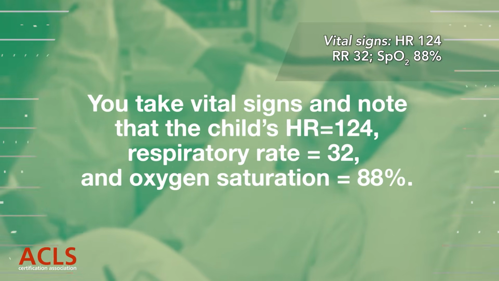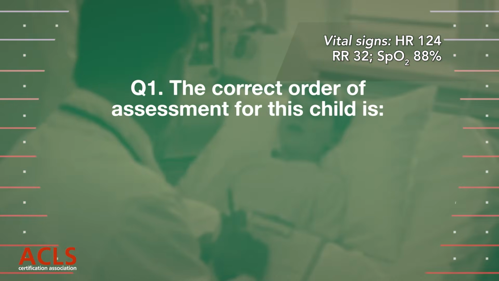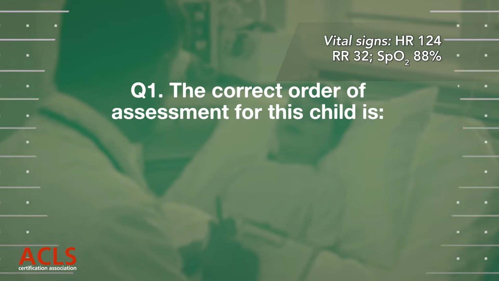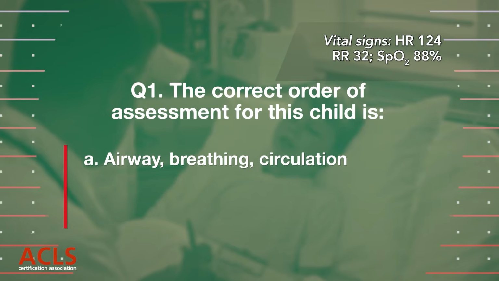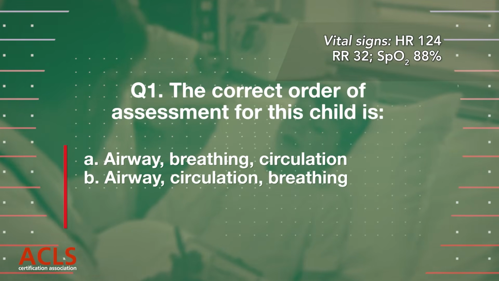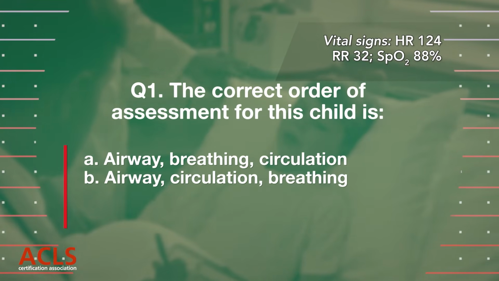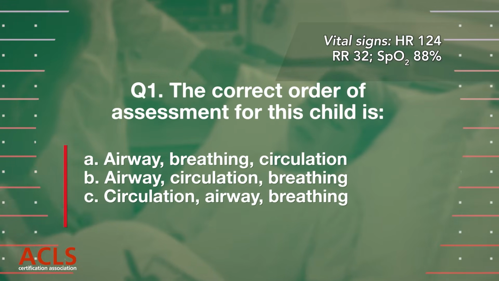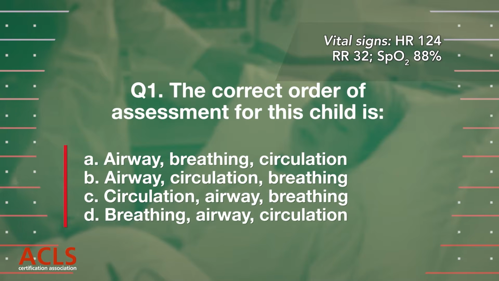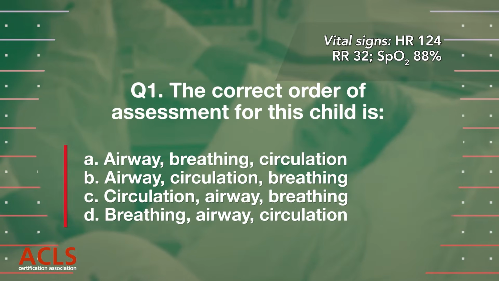equals 88%. 1. The correct order of assessment for this child is A. Airway, breathing, circulation. B. Airway, circulation, breathing. C. Circulation, airway, breathing. D. Breathing, airway, circulation.